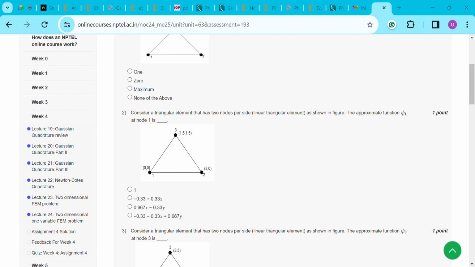For any weight. So till now there's no approximation. Don't think about it in terms of approximation. You just have a function, which is the error function, and you have some weight function, and you are integrating. Is this clear? Because by multiplying through any function, the integral value still remains zero.